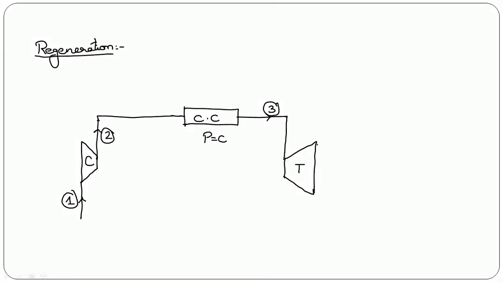Now in this turbine the air gets expanded, and after expansion also, as we know, T4 temperature is greater than T2 temperature. This air that is coming out from the turbine has a higher temperature compared to the temperature at the entry to the combustion chamber, or the exit of the compressor.